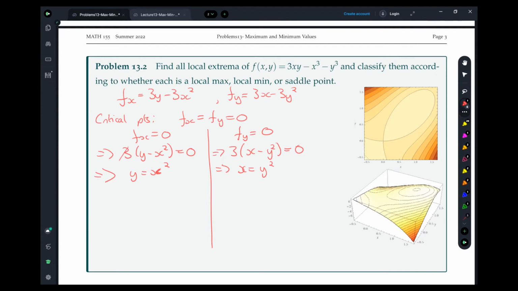Okay, so what we could do here is just substitute, say, this one into this one over here. So if we square both sides here, we get y squared is equal to x to the 4. And then we can substitute this into this side. So we have a y squared here, and we've got a y squared here. So we end up with x is equal to x to the 4.